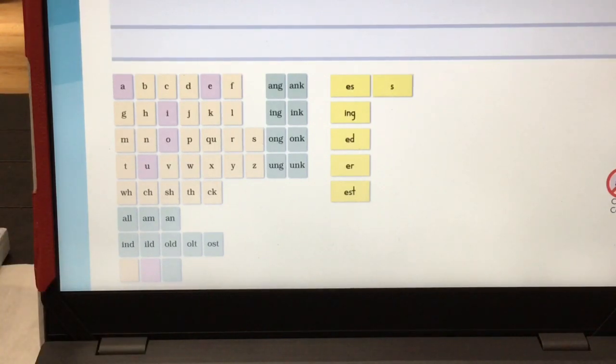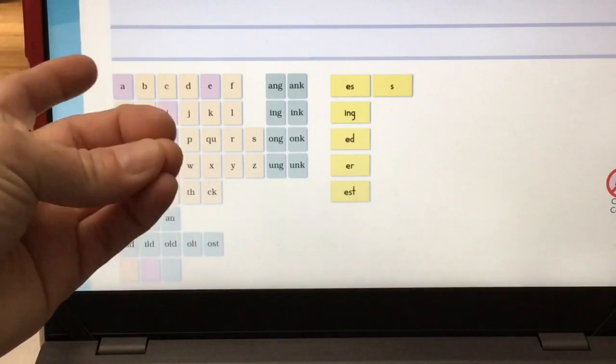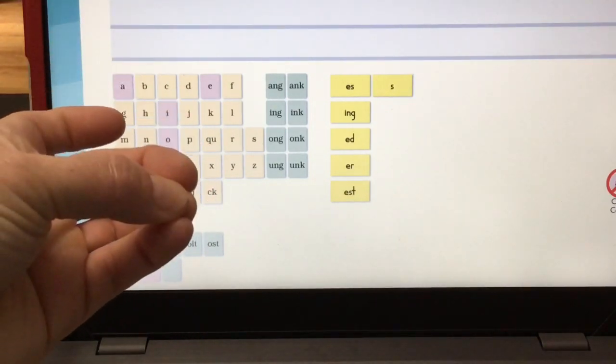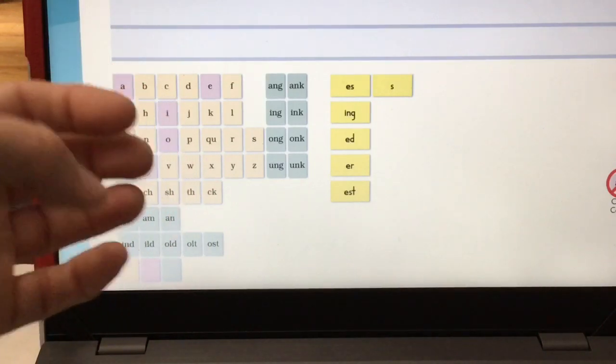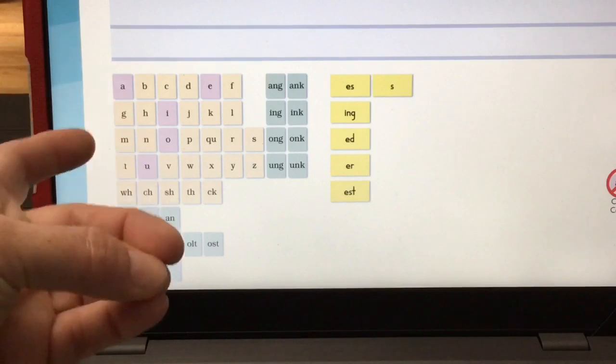I want to build the word ring. Let's tap the word ring together. Like, I sometimes wear a ring on my finger. Ring. Ing. Ring. Ing. Ring. Okay. I tap 2 sounds.